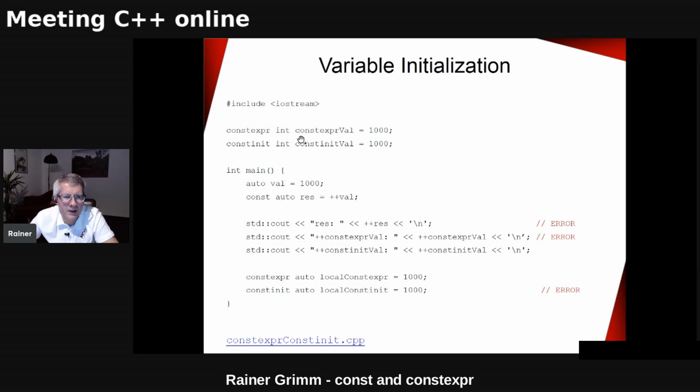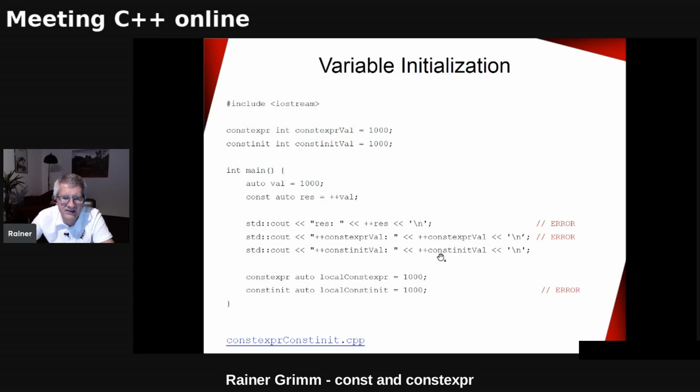First of all, I have to explicitly say it: constexpr and constinit are statics because they are defined outside of main, because constinit cannot be used inside, which you will see in a few seconds. Have a look. When I want to increase res, it's not possible because it's constant. Okay, this is easy. When I want to increase constexpr, it's not possible because it's const, you see. Initialized at compile time and const.